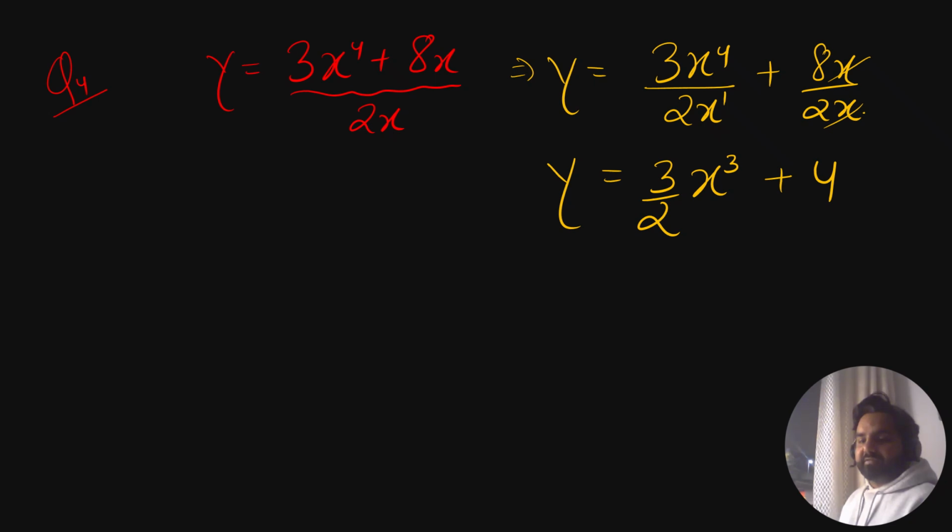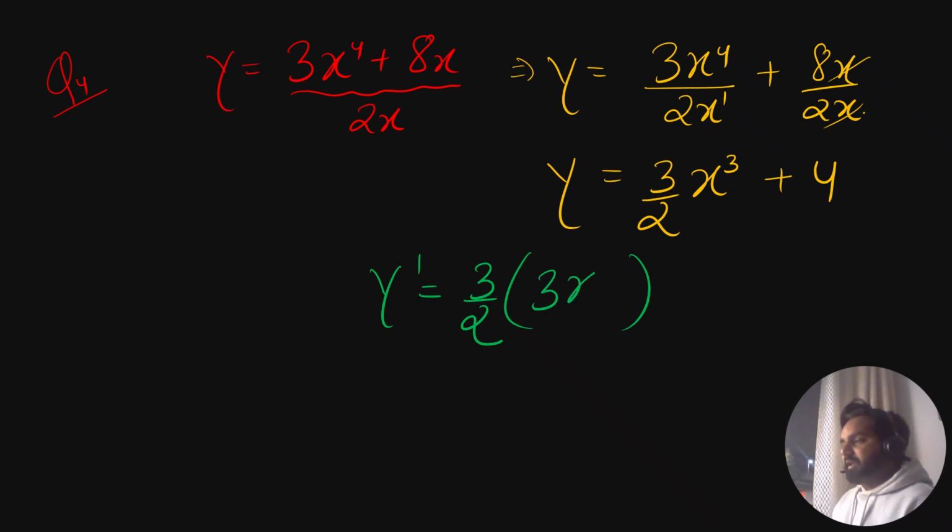Now I will try to differentiate this function. So y dash would be 3 over 2, and differentiation of this is 3x square plus differentiation of 4 is 0. So your answer would be 9 over 2 x square.